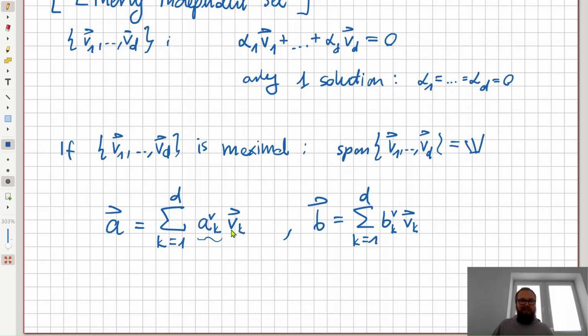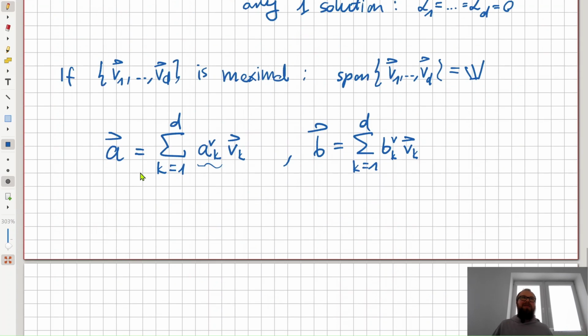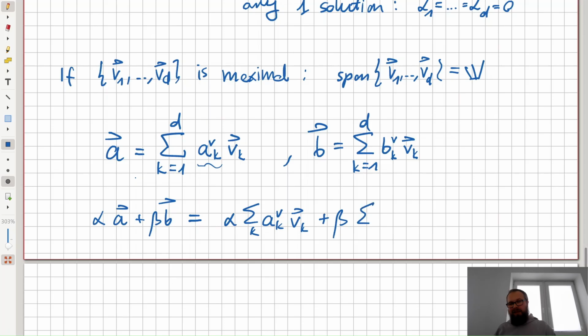And any operation that you might want to perform with your vectors, once you have chosen this basis, basically simplifies to some operation on coordinates. So if I want, let's say, alpha A plus beta B, I just decompose them in my basis. So I have alpha times the sum of A_k V_k plus beta times the sum over k of B_k V_k.